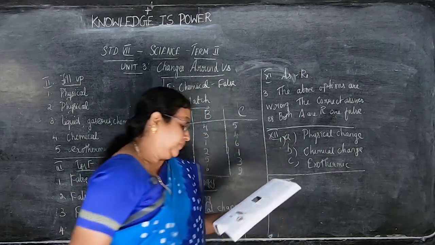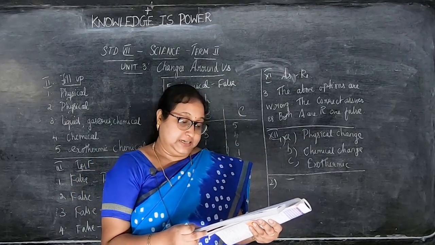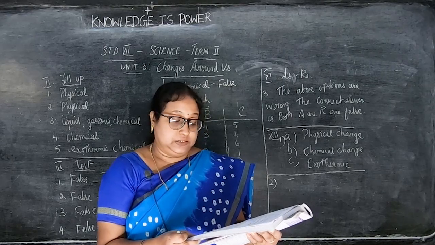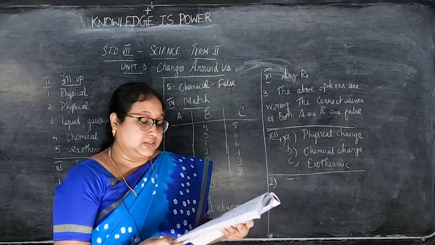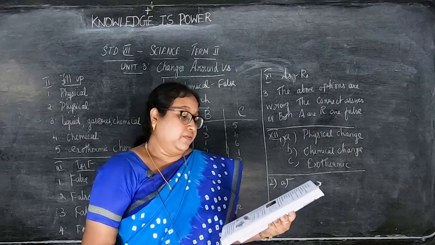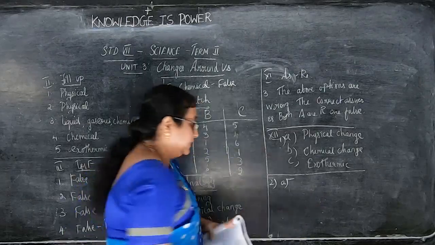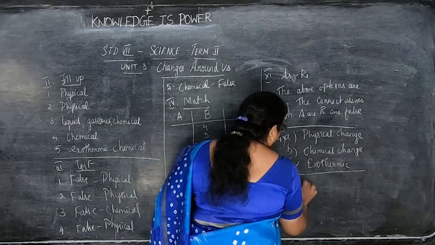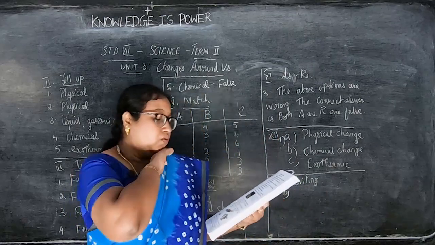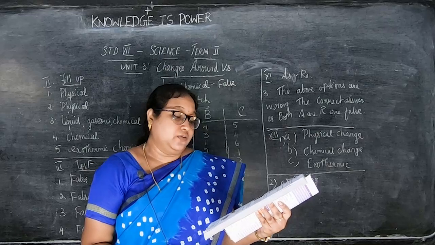For the second one, observe the picture containing a kettle and note that it has salt water in it and answer the following questions. So A, B, C, D, 4 questions are there. In that first one A, what is the name of the process that is done to the kettle? Answer is boiling. So what process they are doing? Boiling. Then B, what will happen to the content of the kettle?